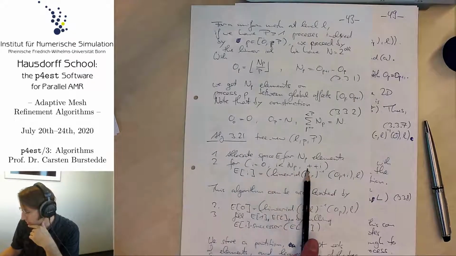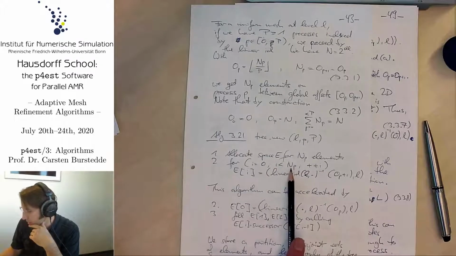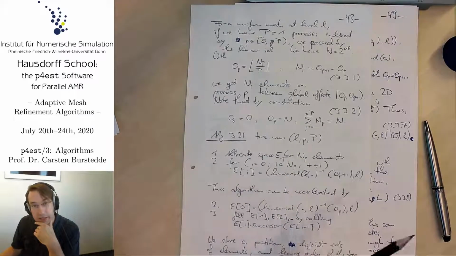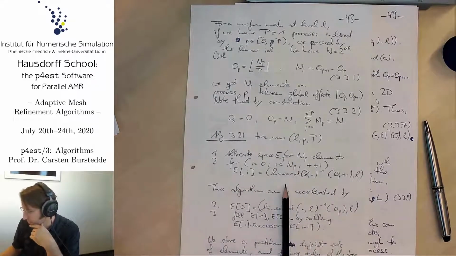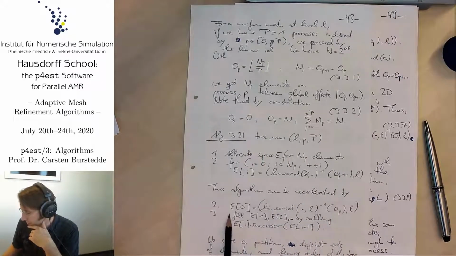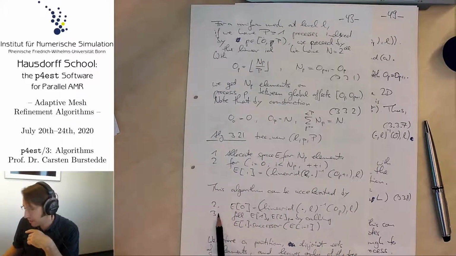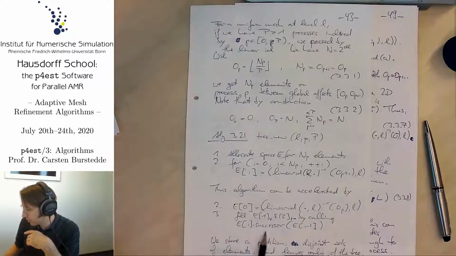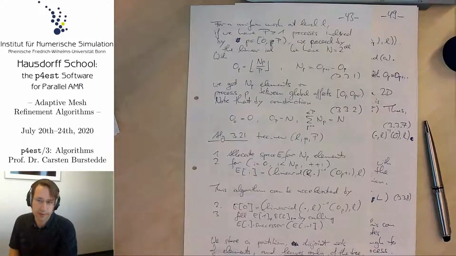And then we just go through these guys locally and construct them by the linear ID inverse function. Faster version is just constructing the first element on that process by linear ID inverse, and then filling the others by calling its successor function.